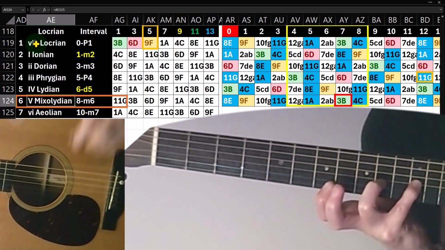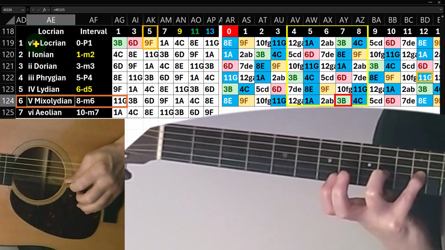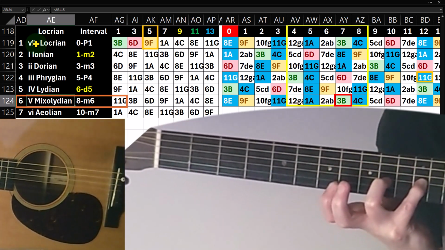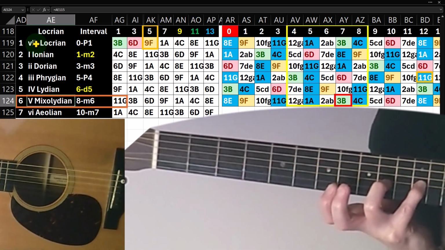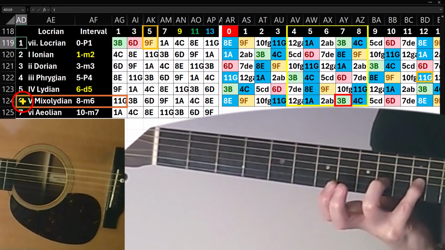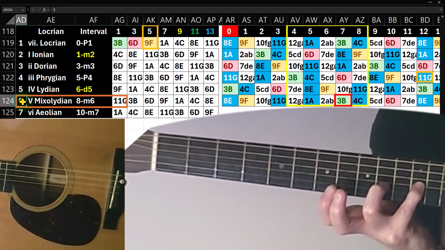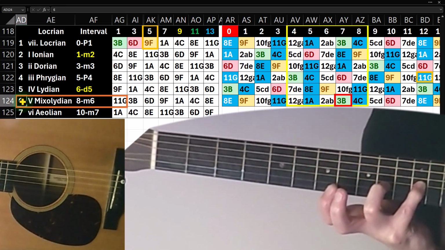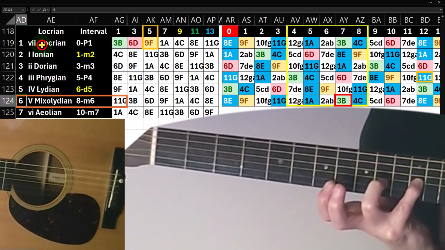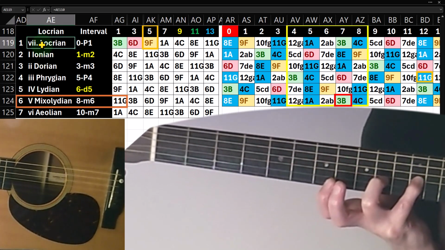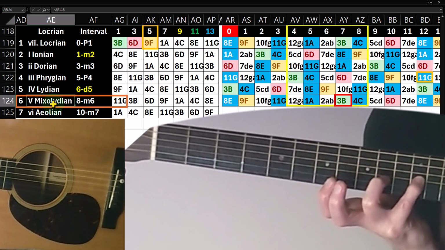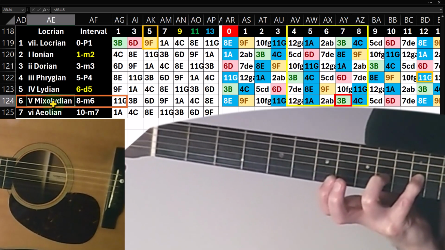If I go from the perspective of the B up to the G, then we're going from relative position 1 to relative position 6 of the Locrian, or from the perspective of absolute modal positions, absolute mode number 7, Locrian, to absolute mode number 5, Mixolydian, which has a distance of an 8-note away minor 6.